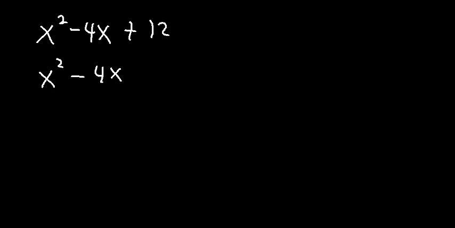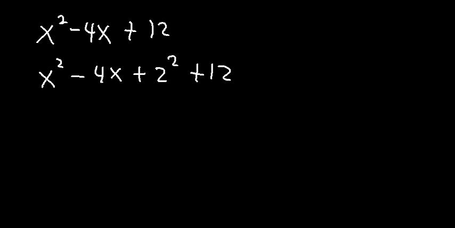So let's try another example. So let's say if we have x squared minus 4x plus 12. Now that method is going to be extremely useful when you have fractions because you don't want to factor a fraction. So let's take half of 4. Half of 4 is, ignore the negative sign, half of 4 is 2, and we're going to square it.